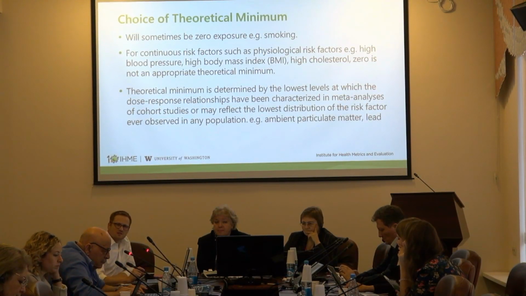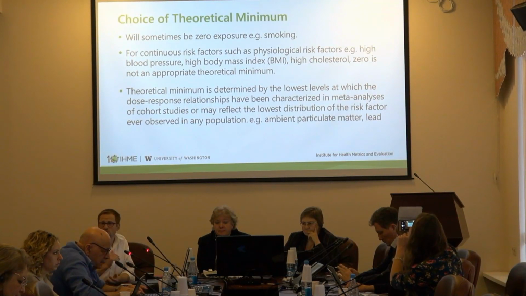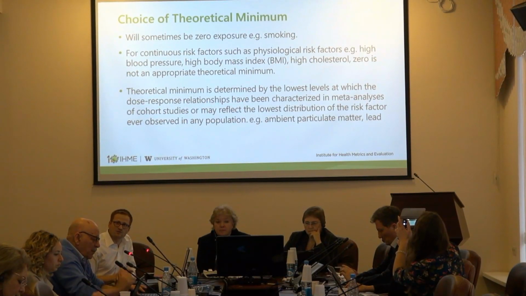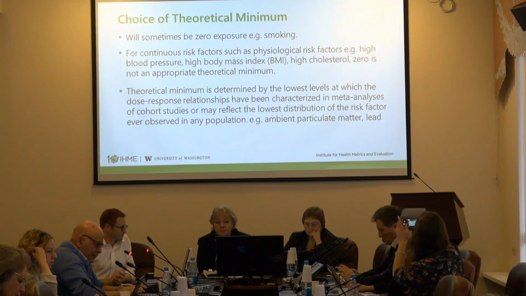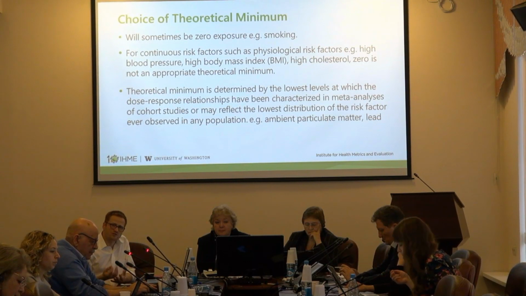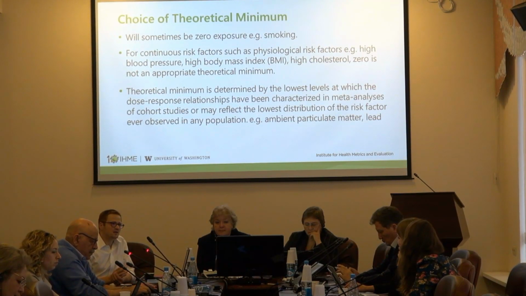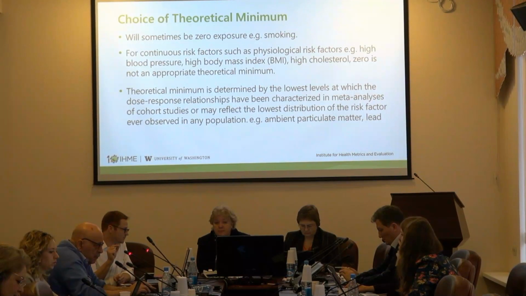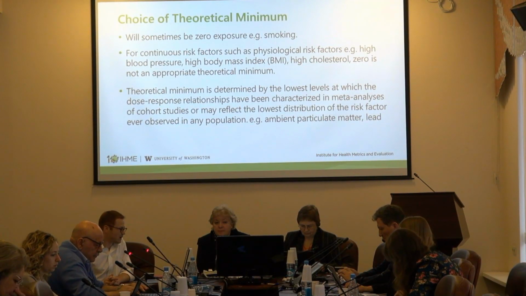In some cases, the TMREL will be 0, so smoking is an example of that. There is no level of smoking that's beneficial, so 0 is the theoretical minimum risk. For a lot of continuous risk factors, particularly physiological ones, there's usually more of a J or U-shaped association. So we're trying to find the level with a minimum risk. So we're talking about things like high blood pressure or BMI, for example.